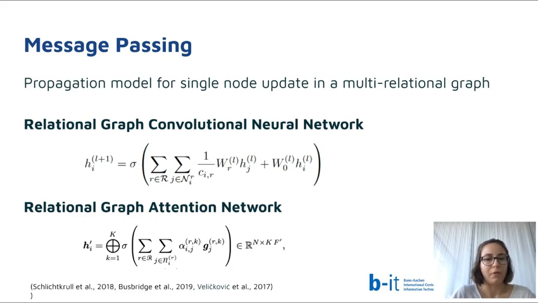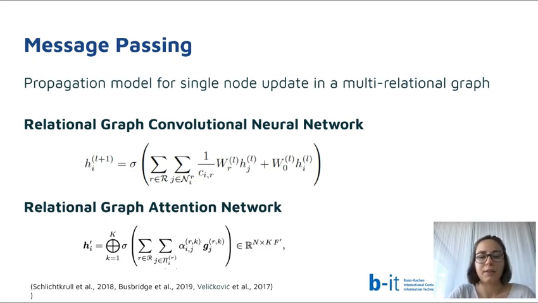And then we sum on top over all neighbors j of the node i that we're interested in. And we do a linear transformation with the weight matrix Wr that is specific for its relation type. And in the RGCN, we apply a normalization constant and also add a self loop to incorporate the node's previous representation, as I said before.